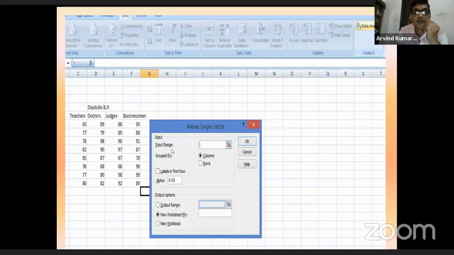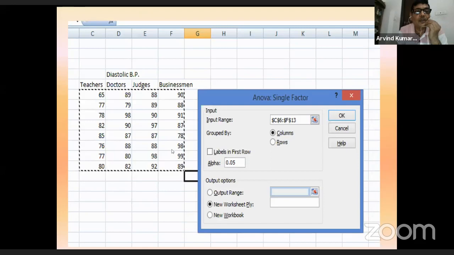And then you will click the OK button. When you will do that, here you can see all these quantitative values have been selected. And then from the left corner to the lower side, all these values have automatically come to the input range. And then you can again click OK button.